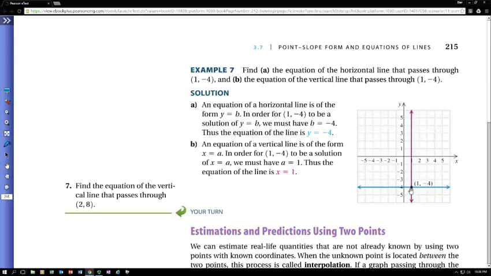In this case, I have 1, -4, 1, -3, 1, -2, 1, -1, 1, 0, 1, 1, 1, 2, 1, 3, 1, 4, 1, 5, and so on. What's always true is the x value, or the x part of the ordered pair, is always 1. The only way that's going to happen is if I have this equation, 1x equals 1.